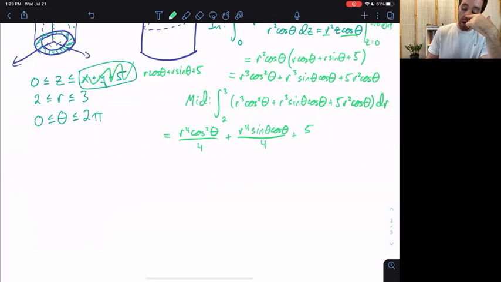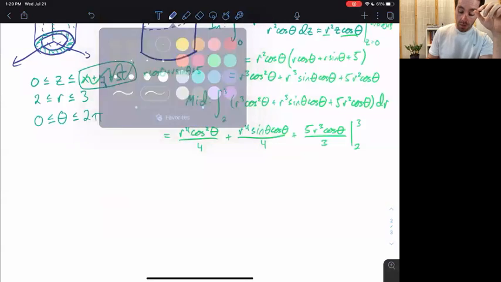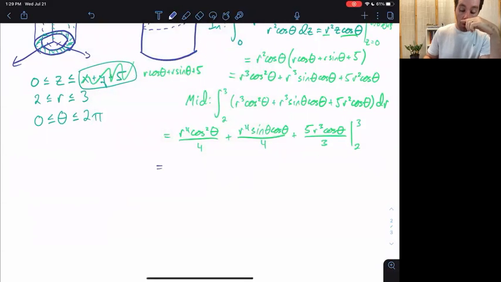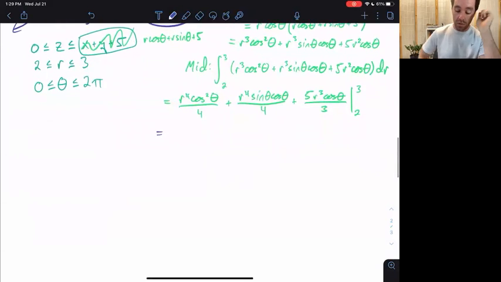And finally, a 5r cubed cosine theta over 3. This gets evaluated at 2 and 3. There's no 0 to save us here, which is like super annoying. But, you know, sometimes you don't get to play the game you want. You get to play the game that is dealt to you.